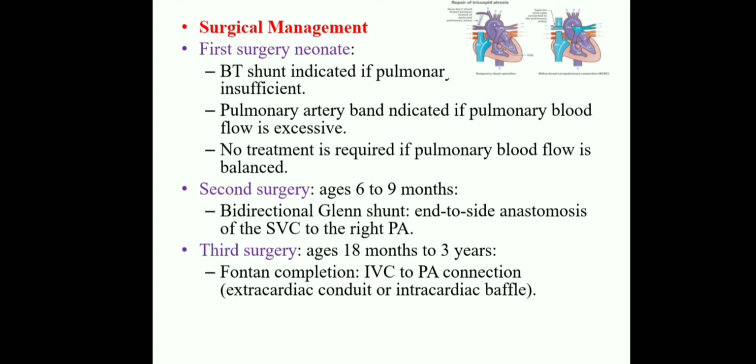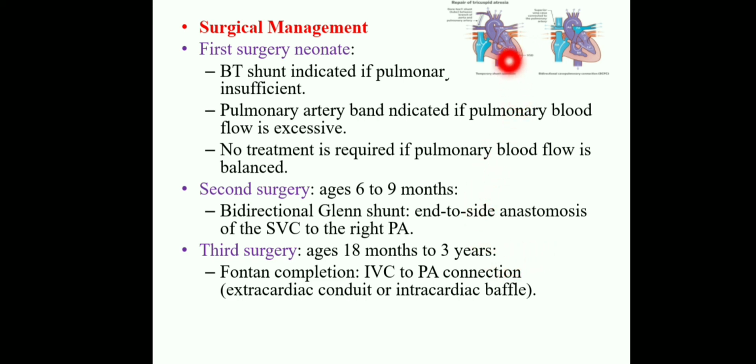In the second surgery, the superior vena cava to pulmonary artery was done. In the third surgery, they do the inferior vena cava to pulmonary artery connection, that is an extracardiac conduit or intracardiac baffle.